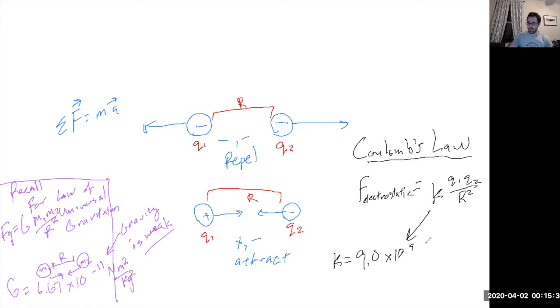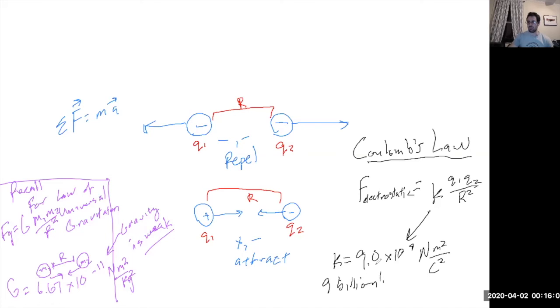And again, we want to get the right units. And so it's going to be Newton meters squared over coulombs squared, where charge is in coulombs. And so the charges will cancel out, the meters will cancel out, and then we'll be left with newtons. And so 9.0 times 10 to the 9th, that's 9 billion.